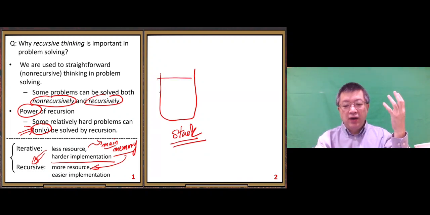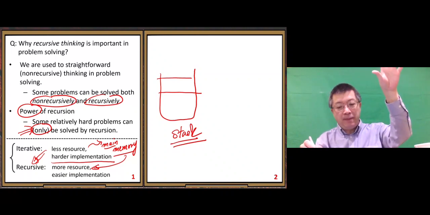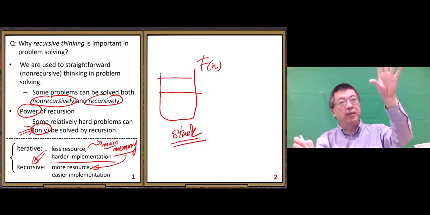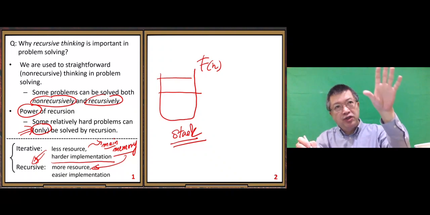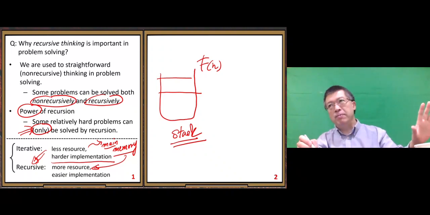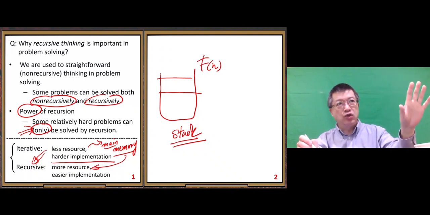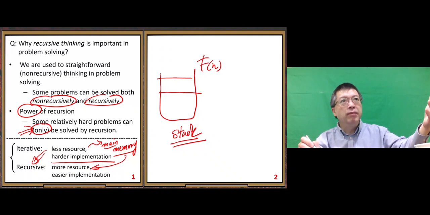Because when you call the function at a larger value, suppose you want to evaluate function f of n. But f of n relies on the function value f of n minus 1. You assume f of n minus 1 is known, but actually in your program implementation, it is not known.